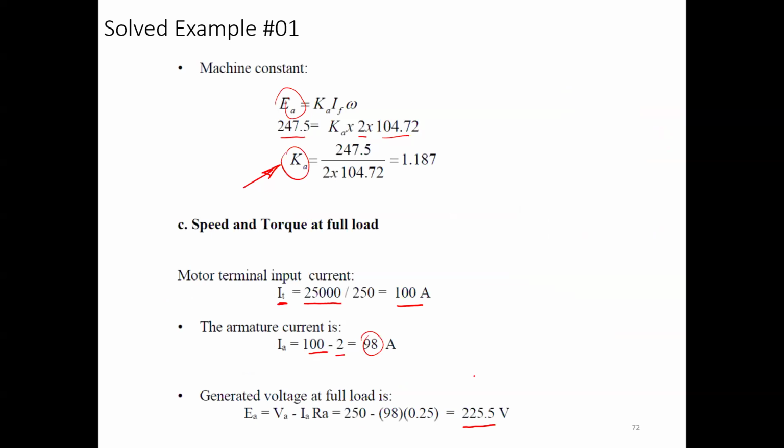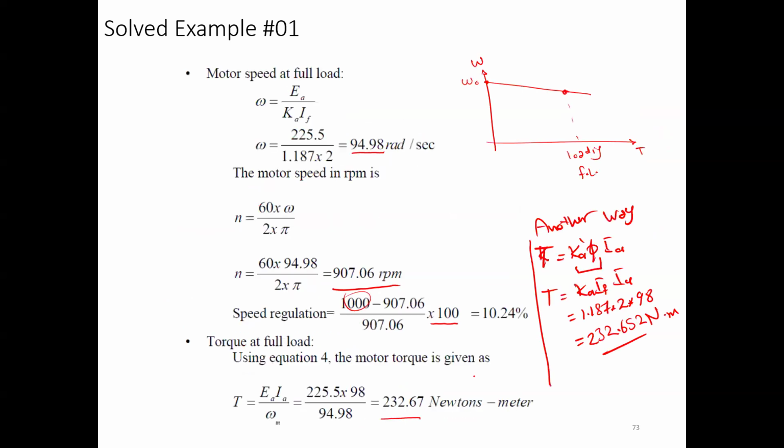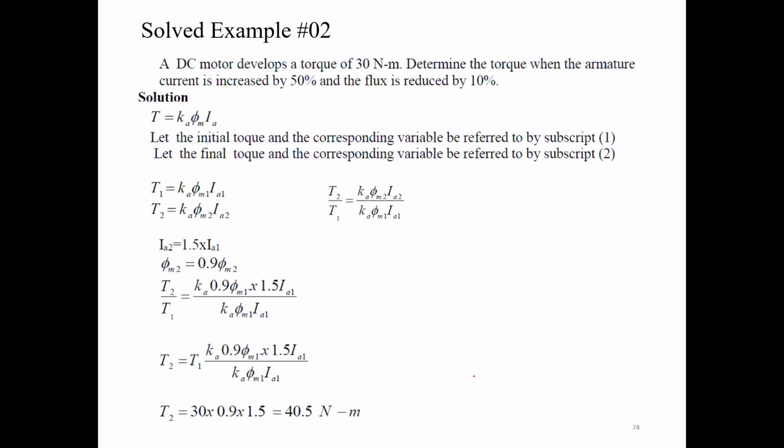Let's solve another example. A DC motor develops a torque of 30 Newton meter. Determine the torque when the armature current is increased by 50% and the flux is reduced by 10%.